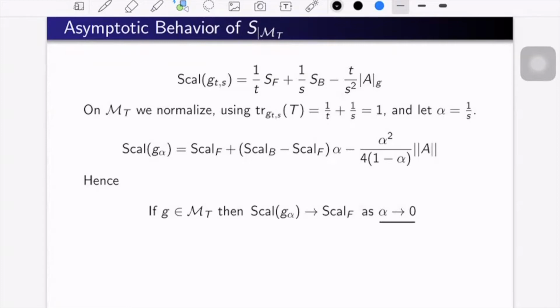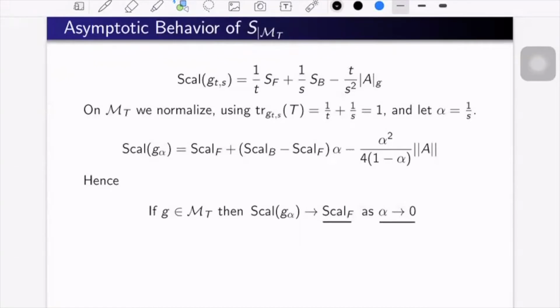Then you can see that the scalar curvature of this one parameter family of metrics goes to the scalar curvature of the fiber. So that's one of the important features we have to look at, that there are limits at infinity in the space of all metrics. And these limits are given by the scalar curvature of the fiber of one of these homogeneous fibrations.